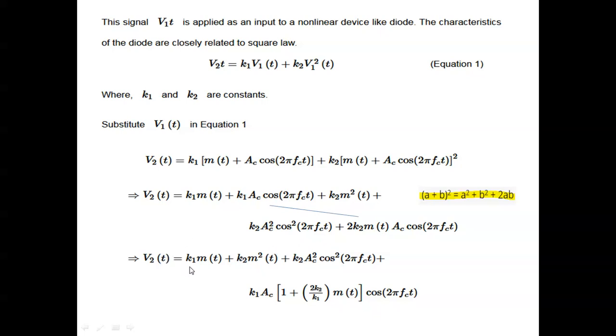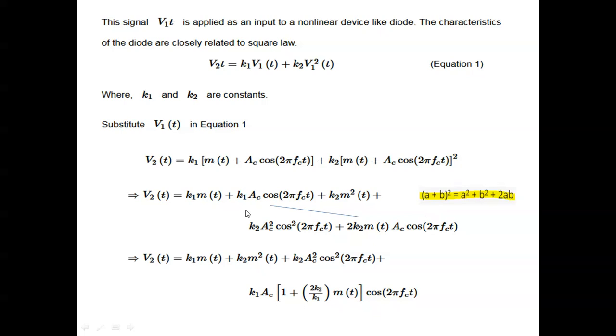V2 of t equals K1 m of t plus... We already know the formula: a plus b whole square is equal to a square plus b square plus 2ab. Based on that formula, we have to simplify the equation.